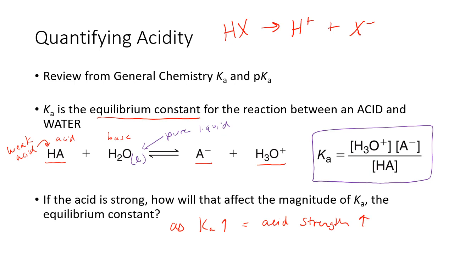And that meant when we looked at our chart that we had, the acids that were at the top of the chart had a very large Ka. In fact, some of them were so strong that they didn't even give you a numerical value. And as we worked our way down, the value for the equilibrium constant, the Ka, got smaller and smaller and smaller, and the acids got weaker and weaker and weaker. So you can directly look at the magnitude of Ka to know how strong an acid is.